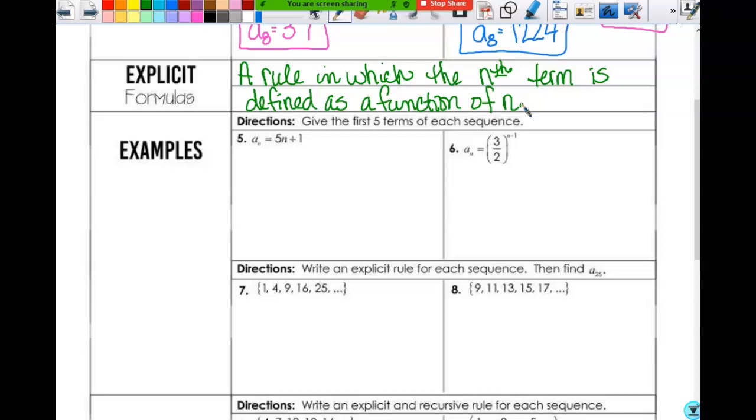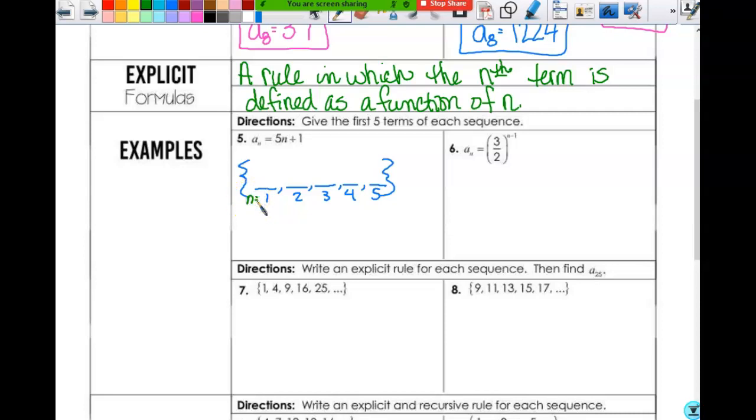So this says give the first 5 terms of each sequence. So when I have my first 5 terms, 1, 2, 3, 4, 5, these are the term numbers. So these are my n's. N equals 1, n equals 2.